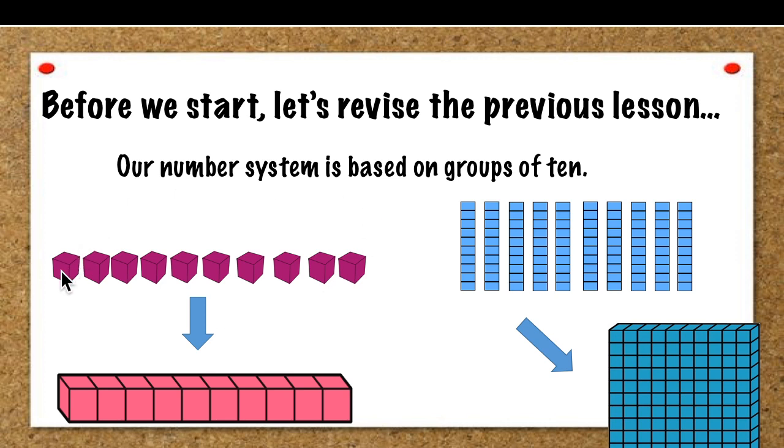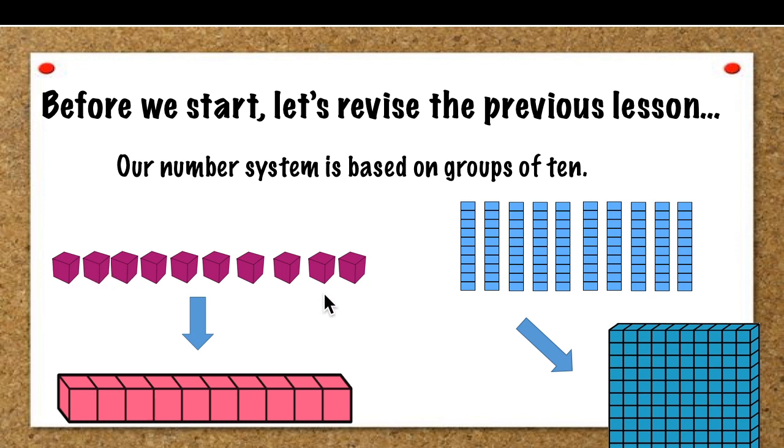When you have single cubes like this, we call them units, or we call them ones. If you have 10 of these single units or cubes, a group of 10 makes one block of tens. One block of tens.